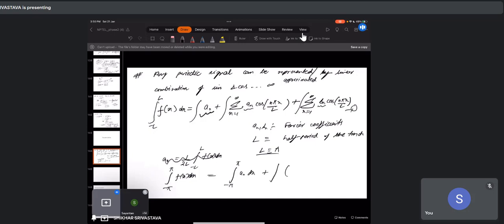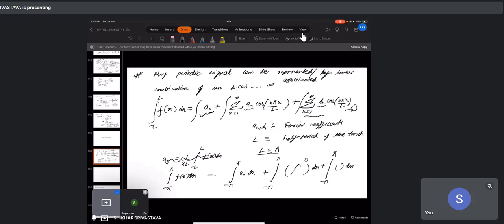Similarly, you integrate this term also from minus pi to pi dx, and this term also. Now, these cos and sine terms, when you integrate from minus pi to pi, will just vanish because they are periodic.